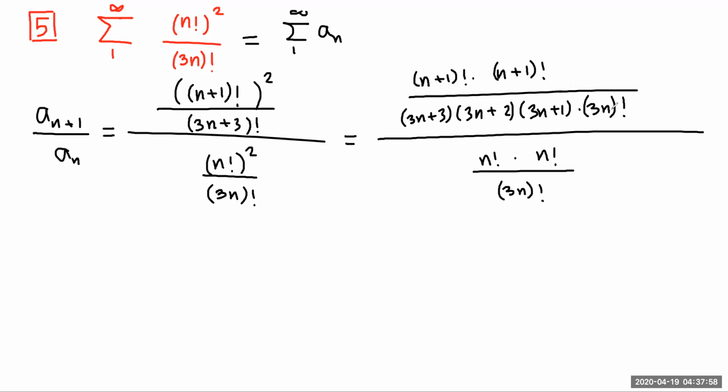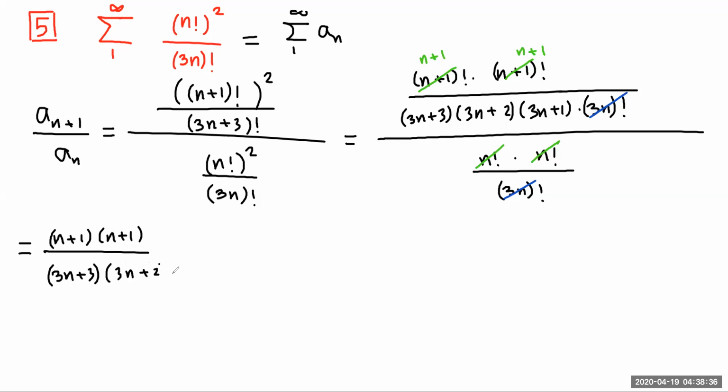Let's cancel this term with this term, and also we can cancel this with this. I will have n plus 1, cancel this with this, I will have n plus 1. So after cancellation, I will have up n plus 1 times n plus 1. And down, I will have 3n plus 3 times 3n plus 2 times 3n plus 1.